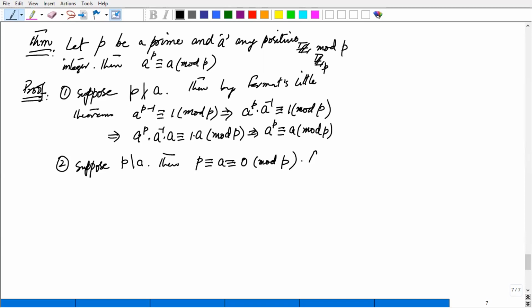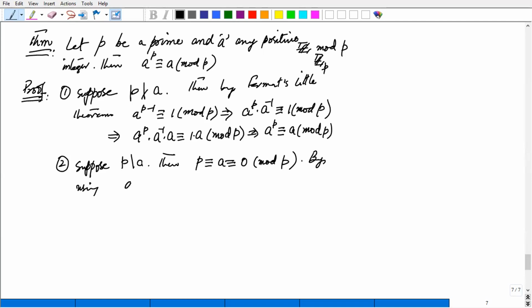By using a result that we studied in chapter 4, because p, a, 0, all of them are congruent modulo p, we can increase powers.